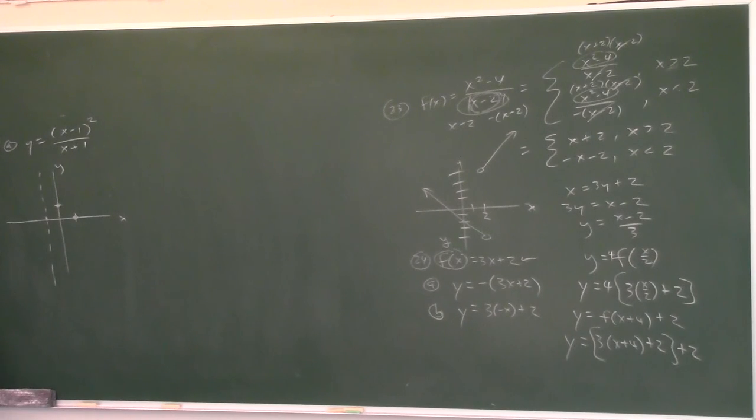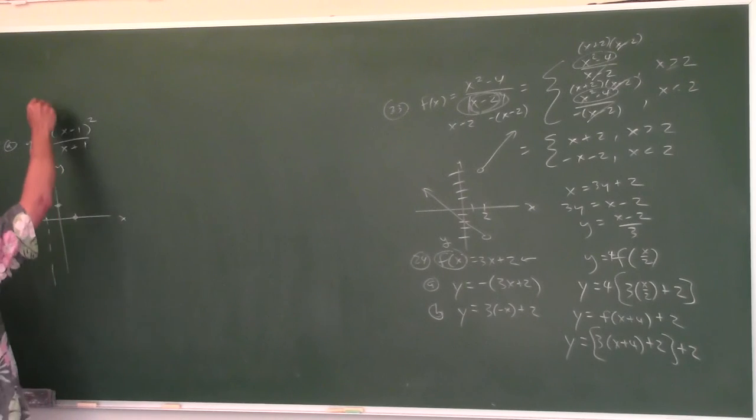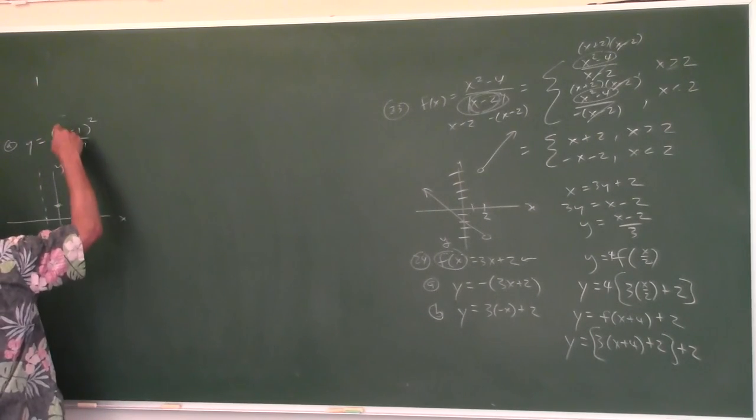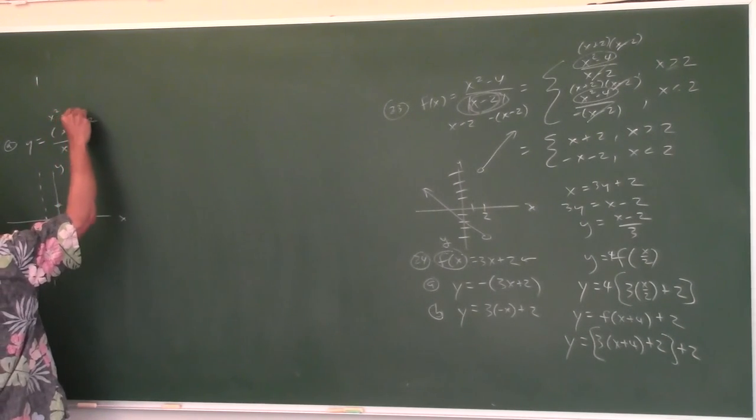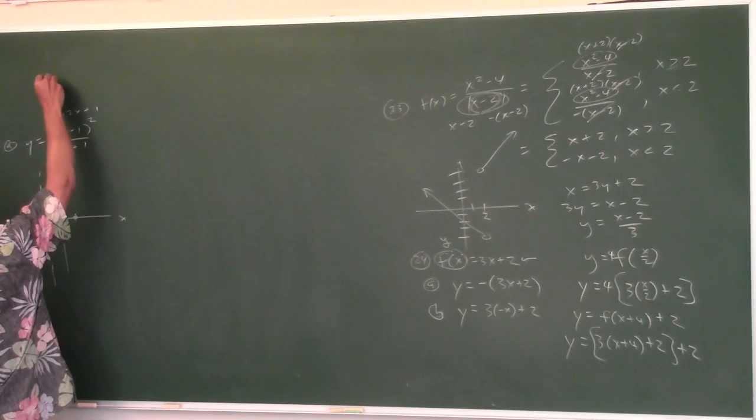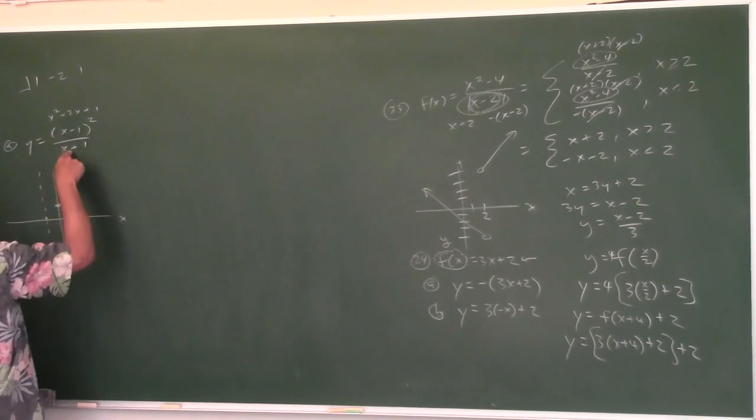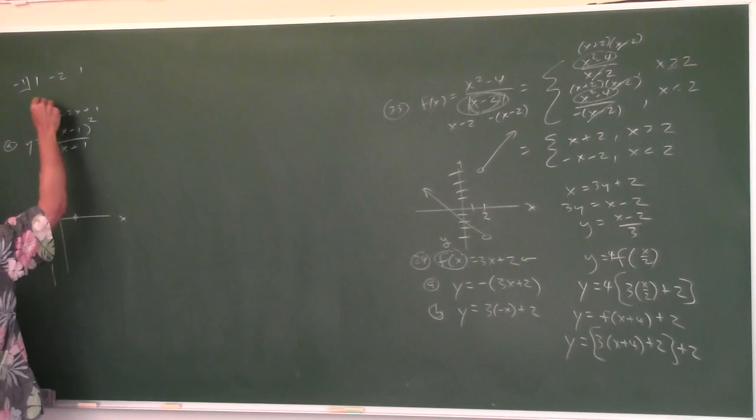Horizontal asymptote. If the degree of the top is bigger than the bottom, then there's no horizontal asymptote. But if the degree of the top is bigger by 1, then you have a slant. To get a slant asymptote, you have to actually divide. I am going to do synthetic division. If you multiply this out, you're going to get x squared minus 2x plus 1. So that's going to be 1, negative 2, 1. And when you divide by x plus 1, you put negative 1 in the box.